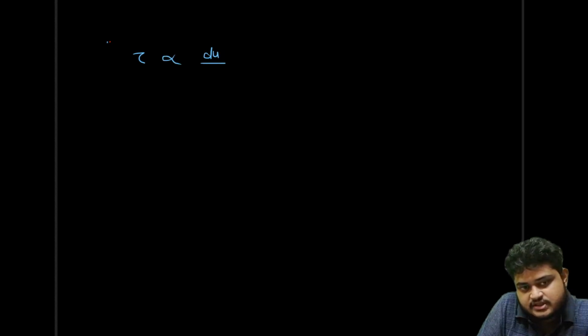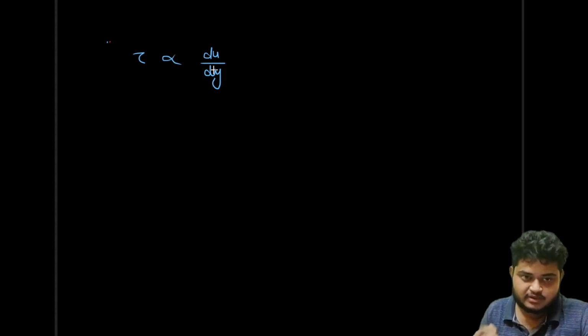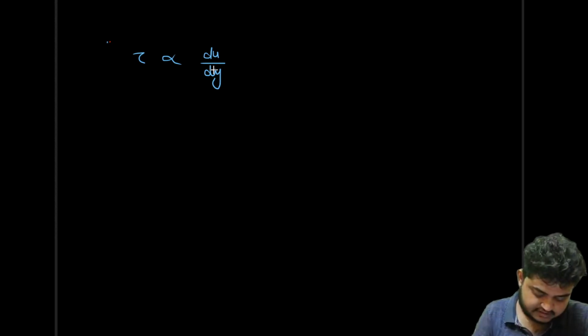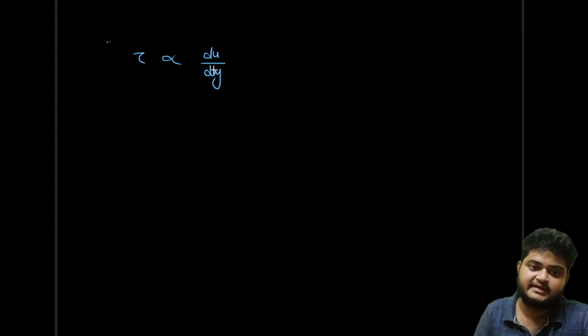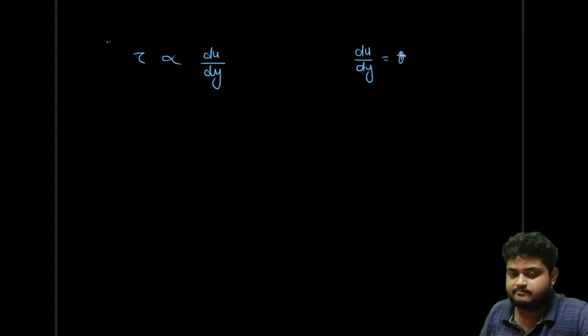We know that the shear stress is proportional to velocity gradient. Till now we have denoted the velocity gradient as du by dy. But for this problem, it is given that the velocity gradient is theta. So we have du upon dy equals theta.